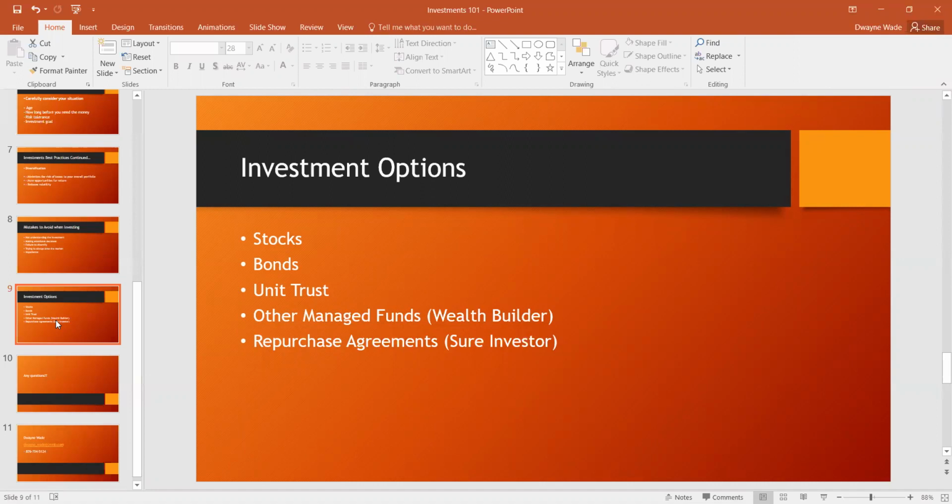Now, each of these products, based on the institution and a number of other things, have terms and conditions, which, as I said earlier, you discuss with the advisor and let them outline everything that you need to know before you're purchasing. Let's say, for example, repurchase agreements.